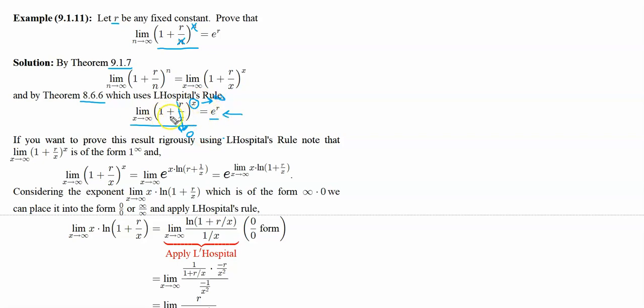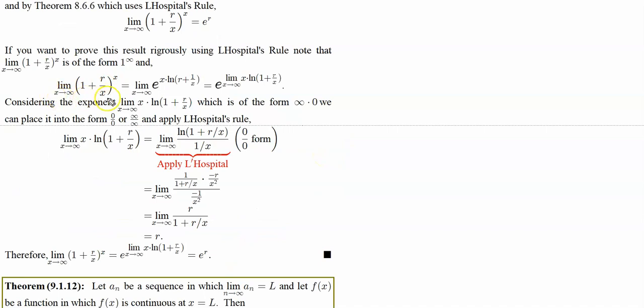And so this is of the form 1 to the infinity power, which is an indeterminate form. To prove this using L'Hopital's rule, the first thing you have to do is put this limit into the form 0 over 0 or infinity over infinity. And then you can apply L'Hopital's rule.